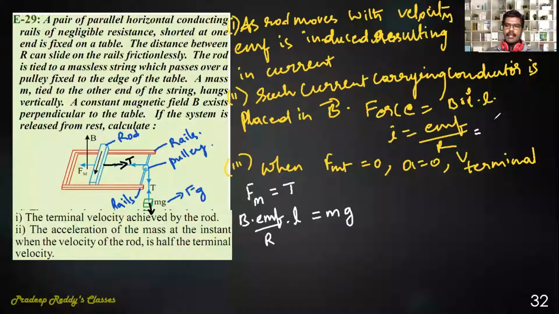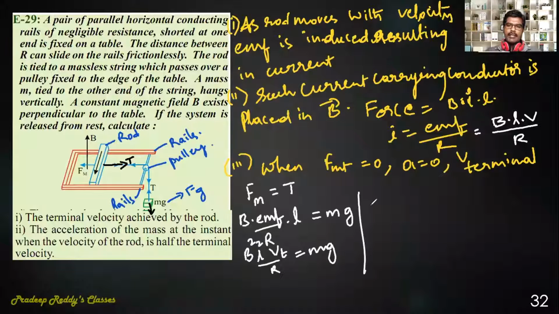Delta phi is B dot A, that is B into L into v. So EMF is BLv, and therefore B square L square Vt divided by R is equal to mg. From here you can write the equation for terminal velocity as mgR divided by B square L square.